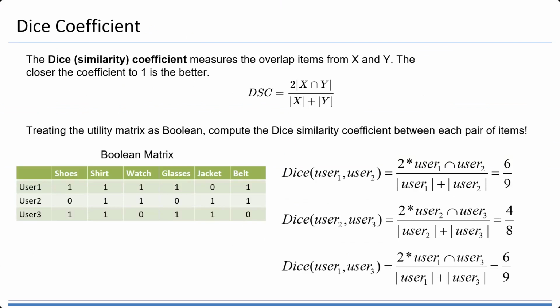We have that in the dice coefficient. This is the measurement. Okay. 2 multiplied by the intersect data, this is x intersection y, and then we divide by the number of data in x plus the number of data in y.